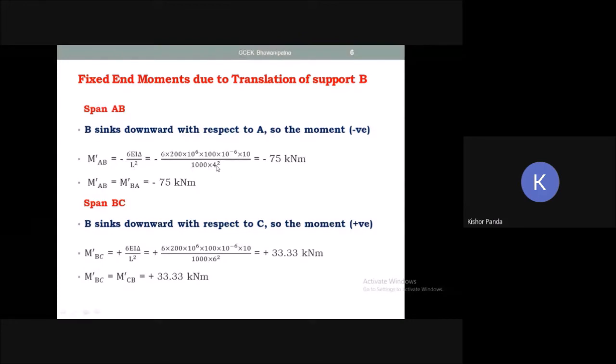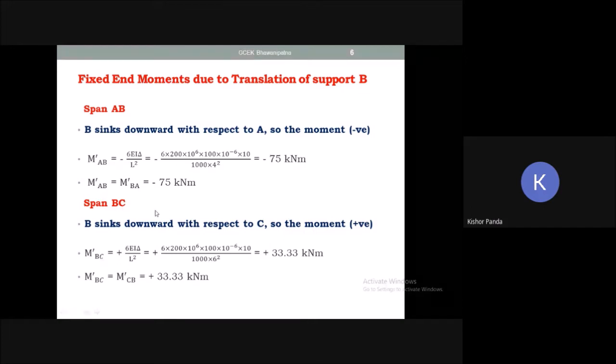The length is 4 meter, so you take 4 square. So M dash AB is minus 6 into 200 into 10 to the power 6 into 100 into 10 to the power minus 6 into 10 divided by 1000 into 4 square. This is equal to minus 75 kilonewton meter. Similarly, M dash BA is also minus 75 kilonewton meter.